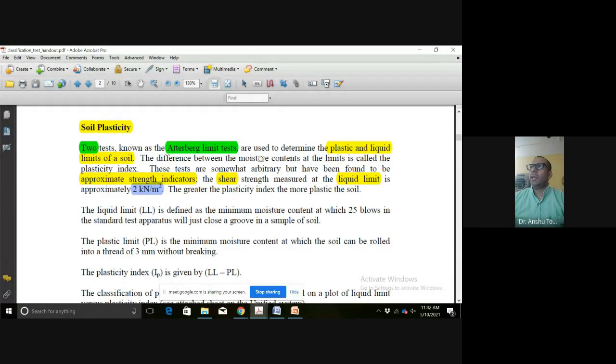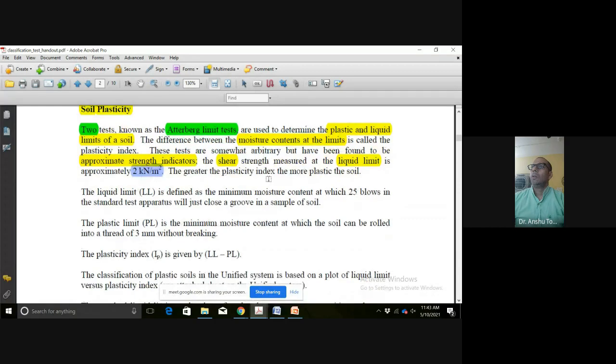The difference between moisture contents at the limits is called the plasticity index. These tests are somewhat arbitrary but have been found to be approximate strength indicators. This is what I told you, that from this we get approximate strength. The shear strength measured at the liquid limit is approximately 2 kilonewton per meter square. It will vary according to the soil sample, the type of soil.